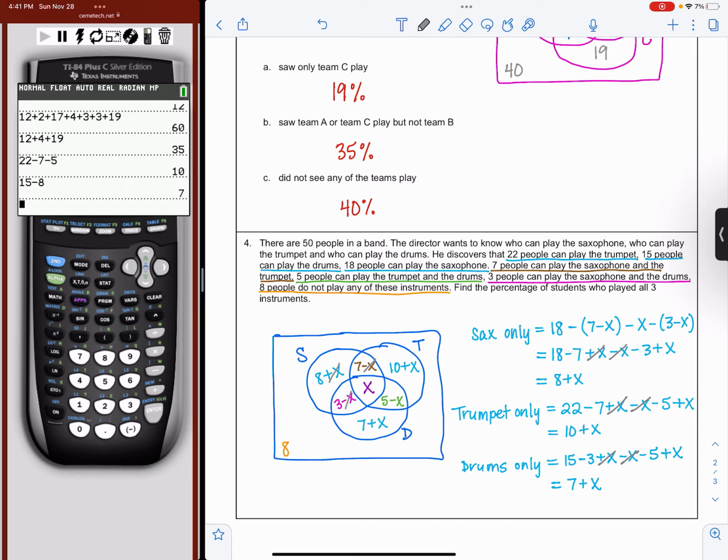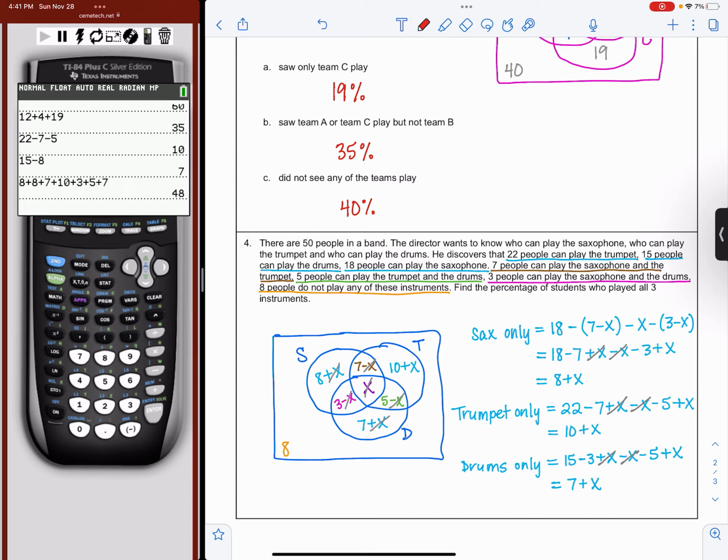So I have a negative x and a positive x here. They're going to cancel. A negative and a positive, that's going to cancel there. So I only have one x that I end up with, and I end up having 8 plus 8 plus 7 plus 10 plus 3 plus 5 plus 7.